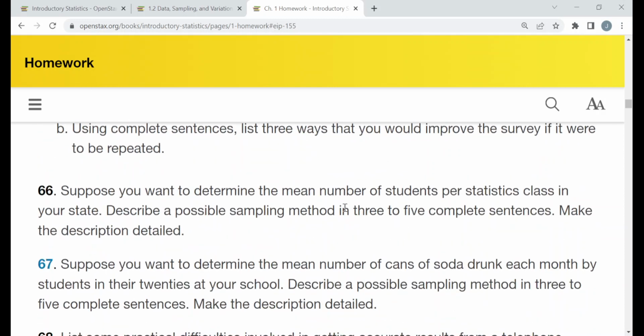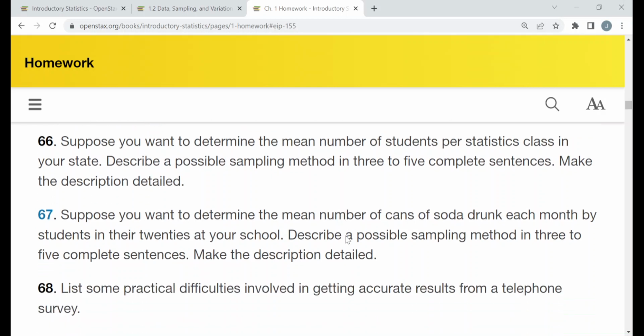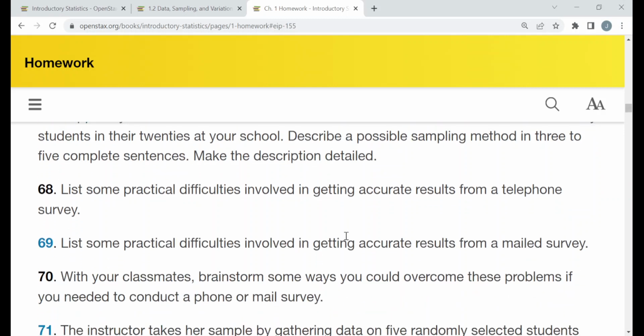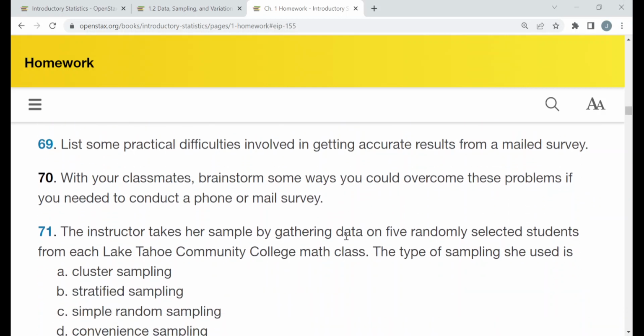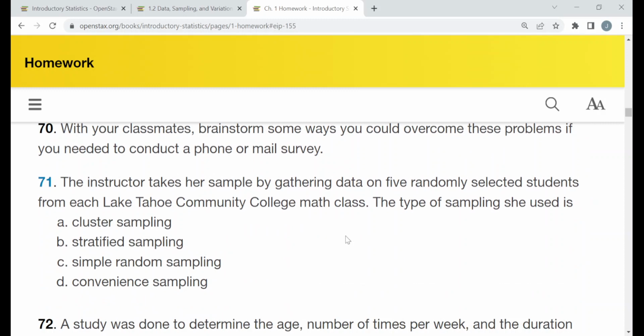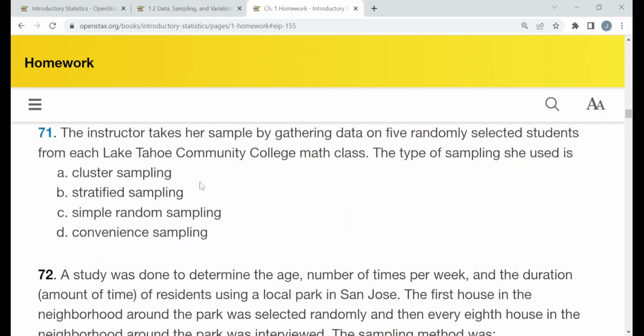Of course, there are problems involving other things from this section that I've brought up in other videos. I just want to get to the problems about the sampling methods. So for instance, exercise 71 from chapter 1.